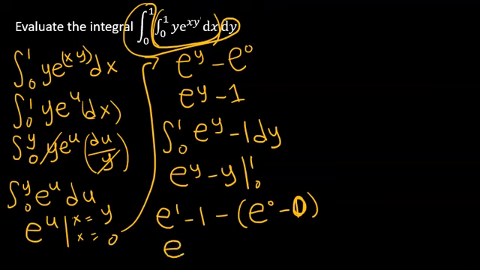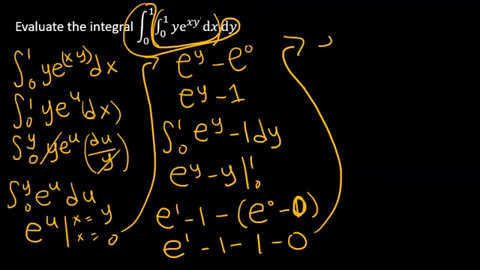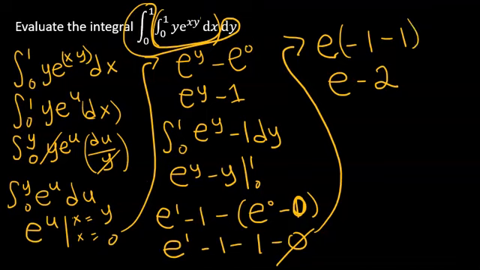It gives me e to the 1, which is just e, minus, anything raised to 0 is going to be 1, minus 0. So it gives me e minus 1 minus 1, because we got rid of that 0. And it gives me e minus 2. If you take this, it becomes negative 2. So this is my final answer right here.